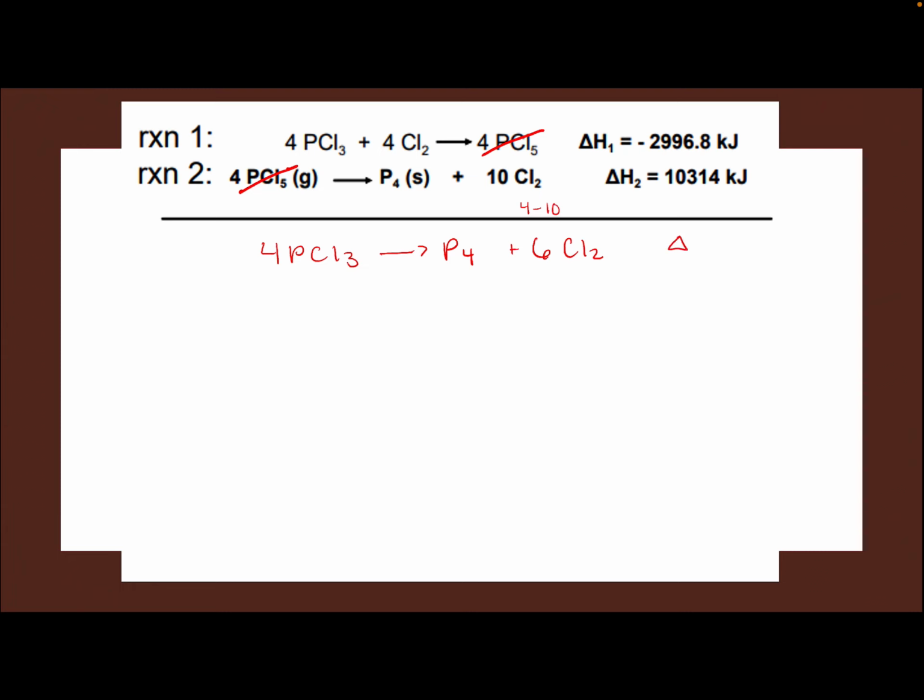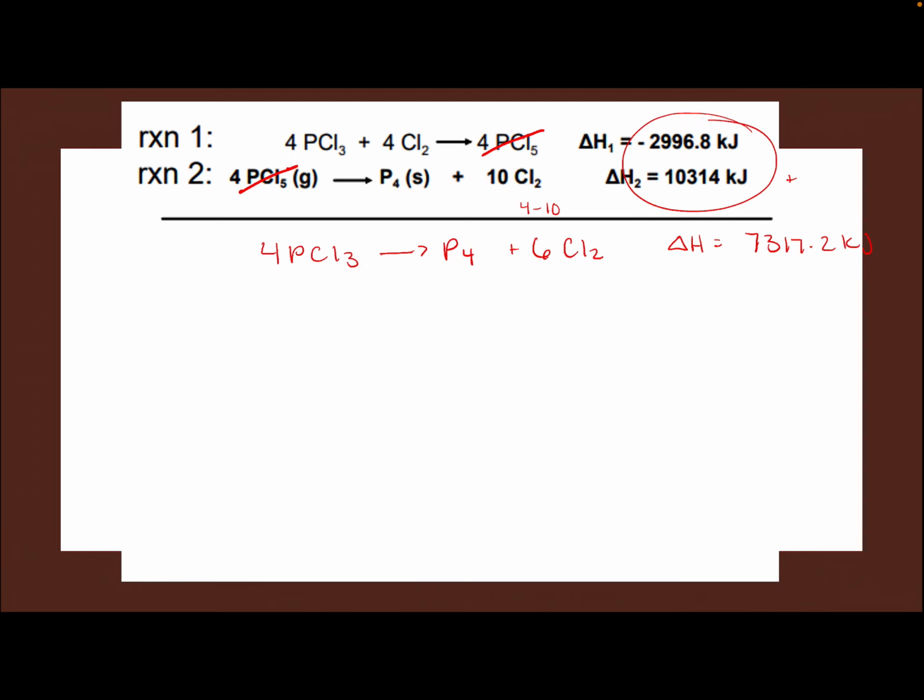The difference now, in order to find the difference of enthalpy, is we're going to take our two products and subtract them from one another. Okay, so if we do that, and we take our negative 2996, and we add those two together, we will get 7317.2 kilojoules, and that is left over.